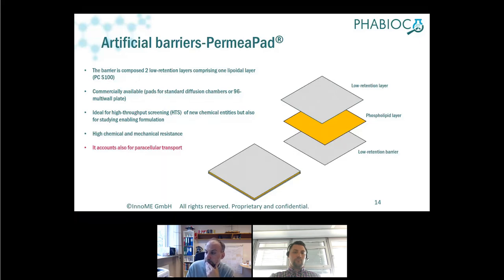It is commercially available also in high-throughput screening, so in 96-well plates. It has two huge advantages compared to PAMPA, for example, or Caco-2. It is extremely resistant to chemical and mechanical aggression. That means we can use any excipient we want, and the barrier will hold its structure. And it also accounts for paracellular transport.